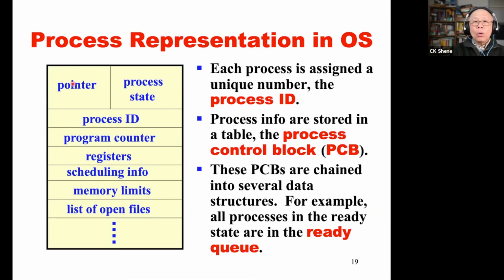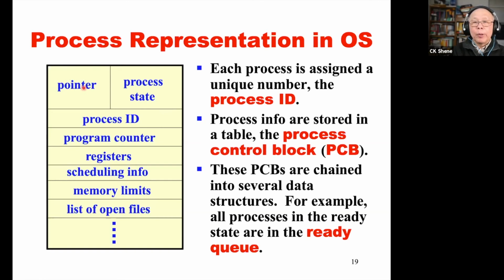So all of those processes in the ready state would use this pointer. That is, from the head of the ready state, we could trace all processes in the ready state and so on and so forth.